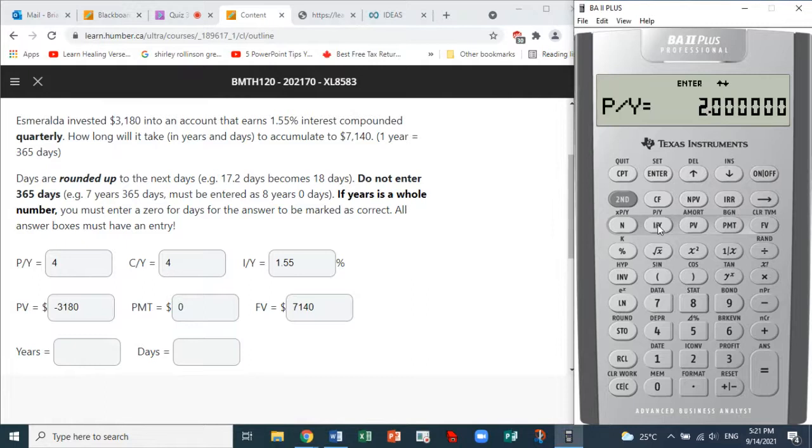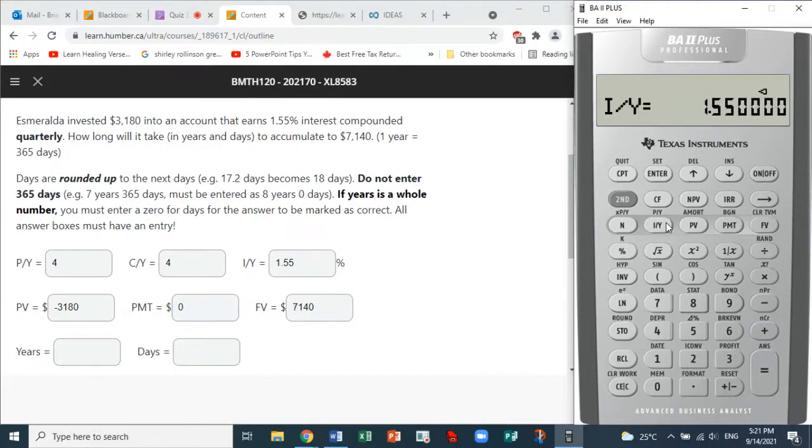Okay, so let's go. PY is 4, enter, go down. CY is also 4, so enter. And then we're out of there. And we go to IY. We skip over n because we have to compute n.